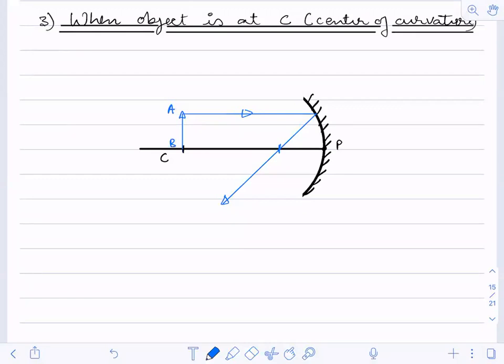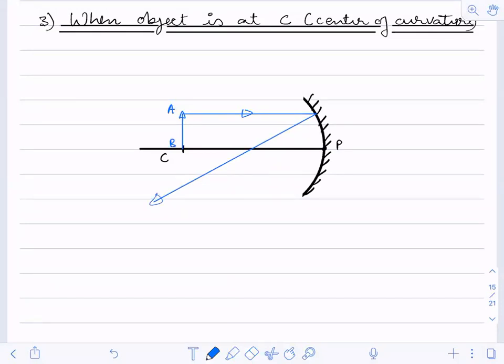Okay, fine. So another ray I'm taking, which will get incident on the pole itself, and it will pass. It should be somewhat like this.